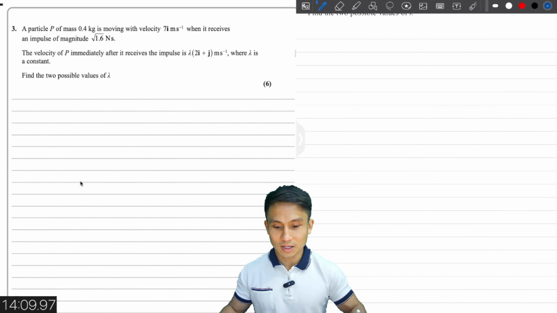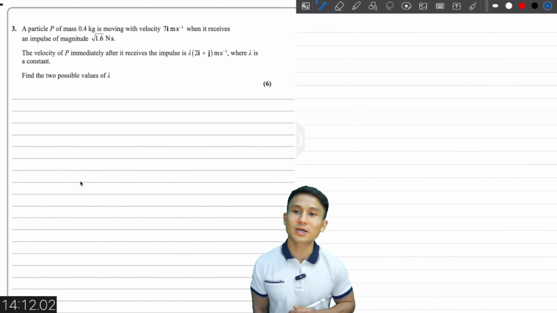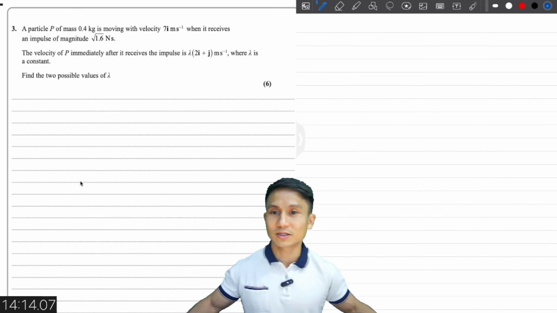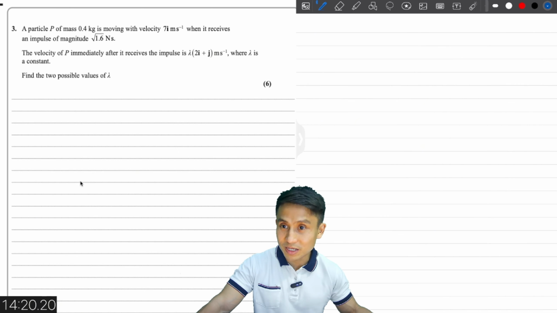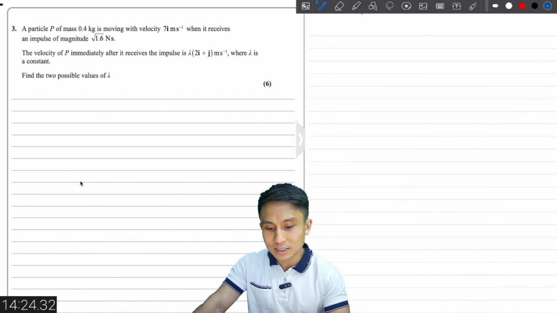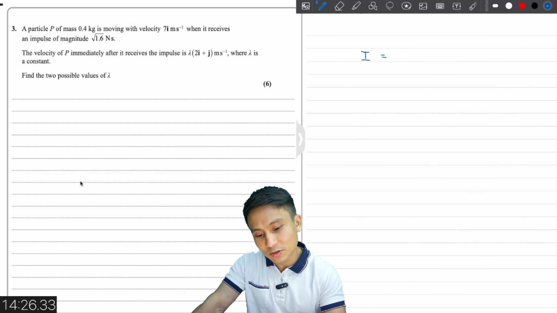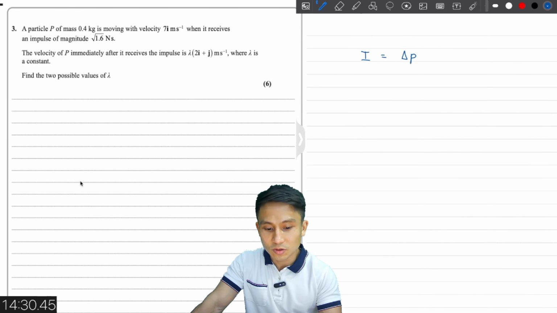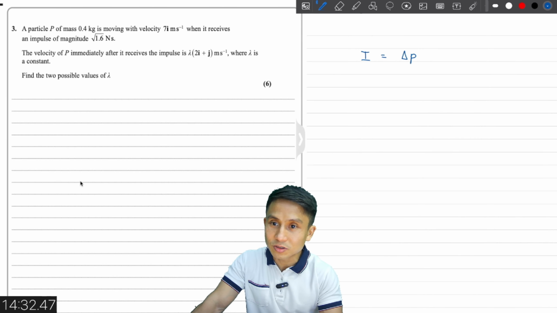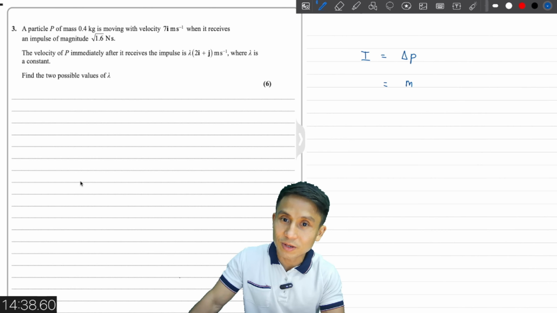Okay, number 3. Particle P of mass 0.4 is moving with velocity 7i when it receives an impulse of magnitude that. The velocity of P immediately after it receives the impulse is that, where that. So basically this is just impulse equals change in momentum, and we do it in a vector way. Impulse of magnitude that. So change in momentum is m(v minus u).